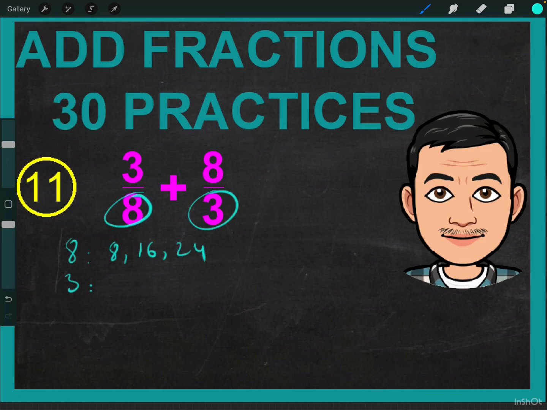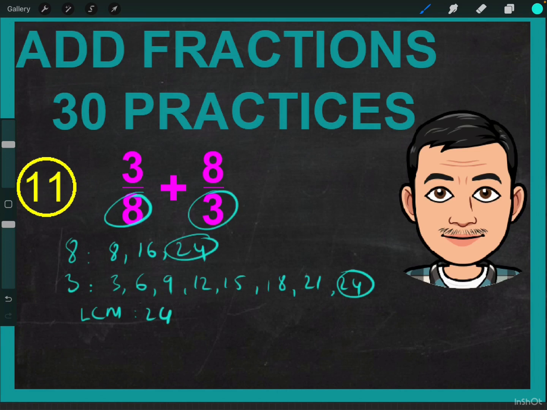For number 3, we have 3, 6, 9, 12, 15, 18, 21, 24. 24 is the LCM of number 8 and number 3. So we will convert 3 over 8; we will multiply 3 to both numerator and denominator.